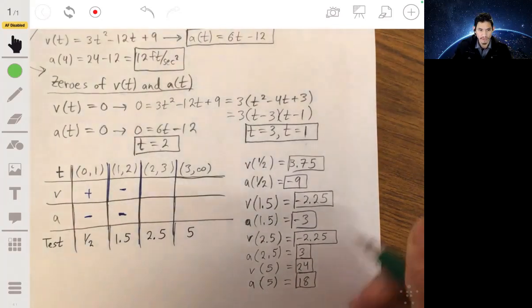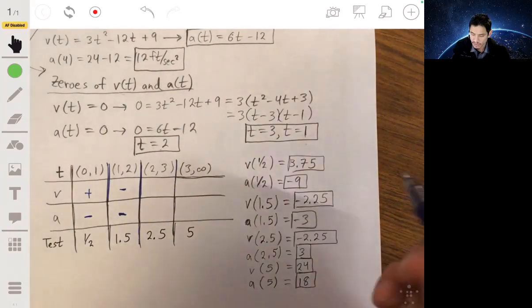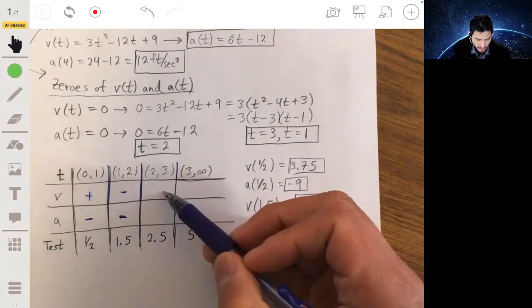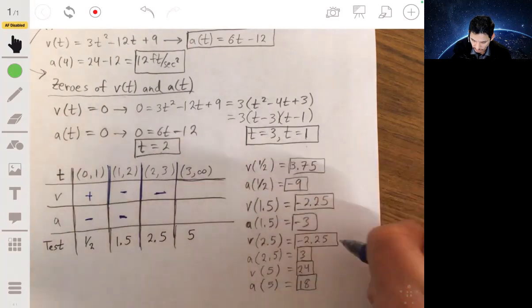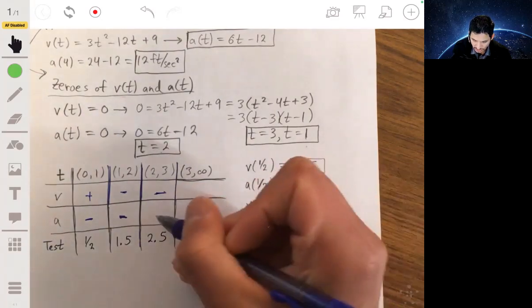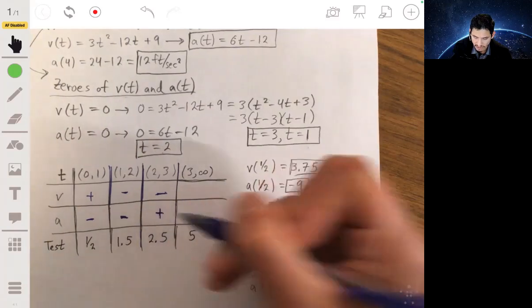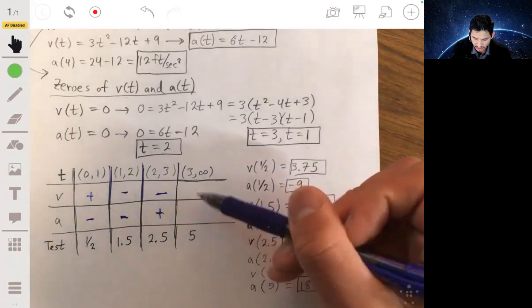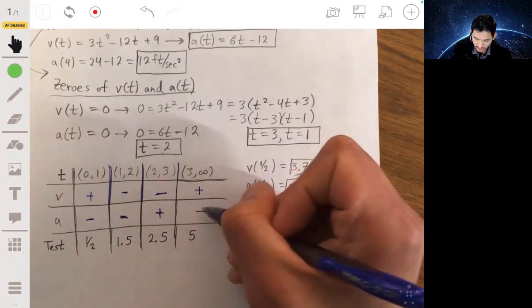Feel free to verify my work, get that practice in. So then at 2.5, we're going to have a negative value for velocity, and 3, or a positive value, for acceleration. And then finally, we have a positive for both.